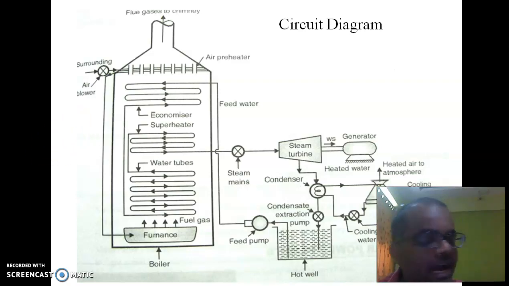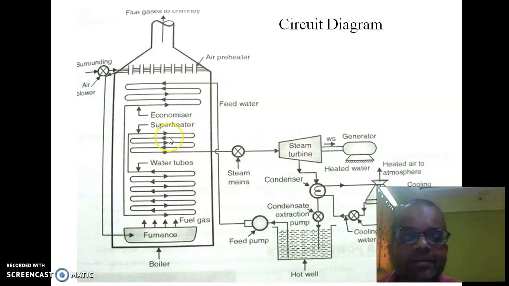As you know, when water is heated, its density decreases, and it tends to move in an upward direction. That hot water plus steam will go to the upper tank of the boiler, and from the upper tank it will pass to the steam turbine.